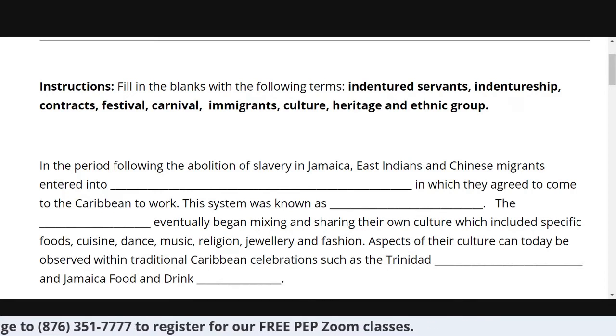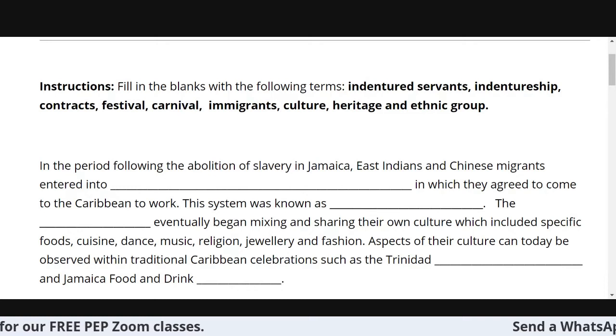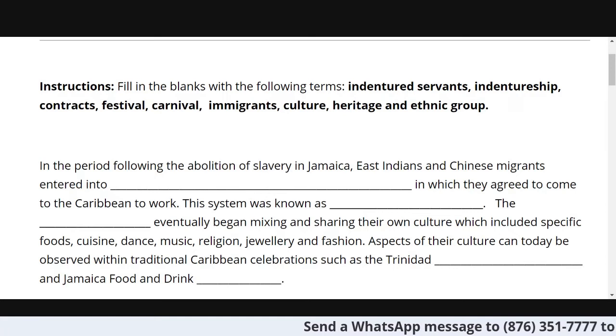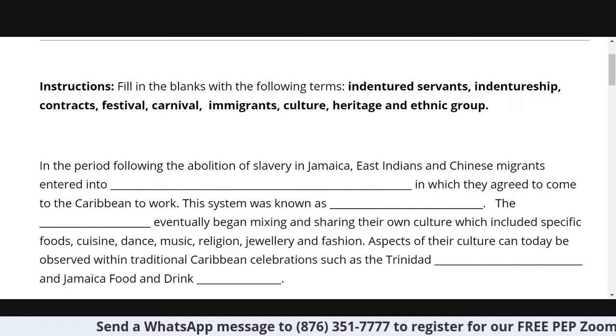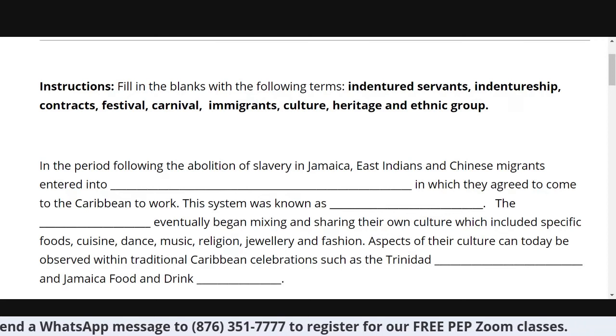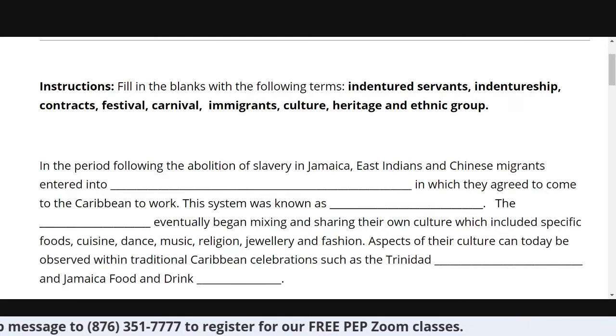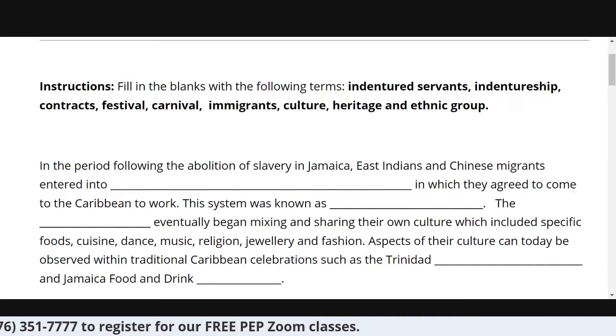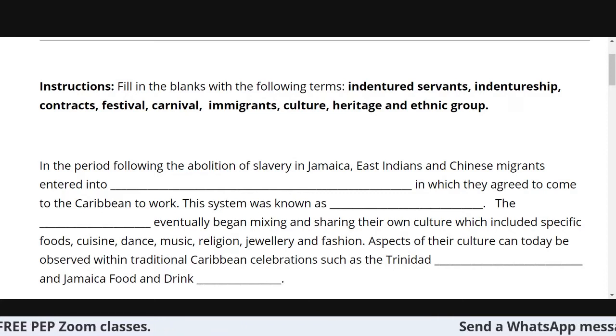This particular passage is testing to see if you can actually use the terms that we discussed earlier correctly: indentured servants, indentureship, contracts, festival, carnival, immigrants, culture, heritage, and ethnic group. All right, so in the period following the abolition of slavery in Jamaica, East Indians and Chinese migrants entered into what?